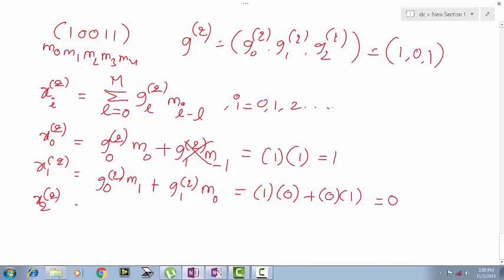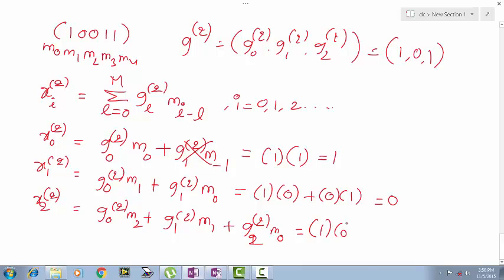Next, x2 of 2, which is equal to g0 of 2 m2 plus g1 of 2 m1 plus g2 of 2 m0. So it is equal to 1 into 0 plus g1 of 2, which is 0, into 0, plus 1 into 1. So the answer will be 1.